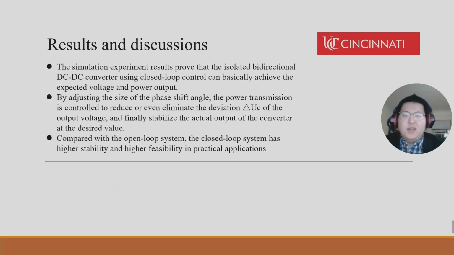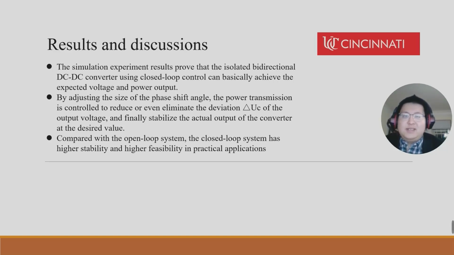Next is our main results. The simulation experiment results prove that the isolated bidirectional DC-DC converter using closed-loop control can basically achieve the expected voltage and power output.